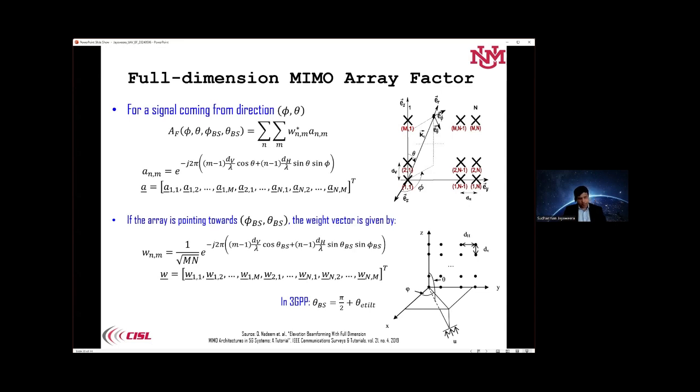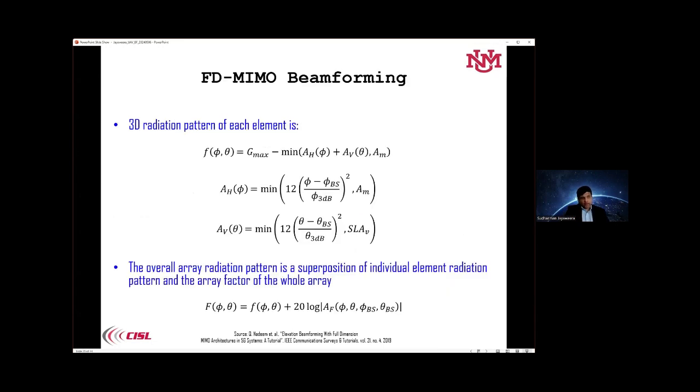And if the array is pointing towards a certain direction, let's say the base station antenna array is pointing towards phi base station and theta base station, then the optimal weight vector, the weight vector of the base station, you can write in this form WNM, and the overall array radiation pattern is then given by that last equation in decibel notation, which is the magnitude of the array factor AF plus the individual element radiation pattern F of theta.